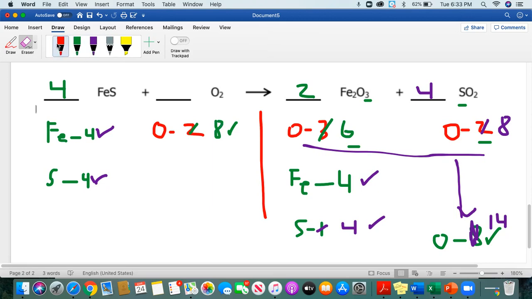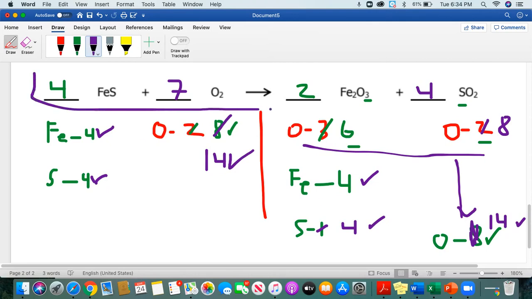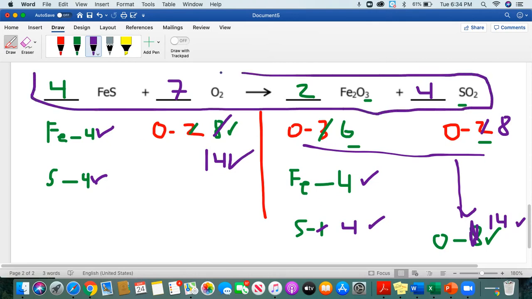This is going to be, well, let's figure that out. 2 times what gives me 14? Well, 2 times 7. So this is actually 7. This is actually 14. Okay, and you don't have to do all this work. I just listed it so you see what I'm doing. So now it's balanced because I have 14 oxygens here, 14 oxygens, 4 sulfur, 4 irons. So this here, that would be my balanced equation.